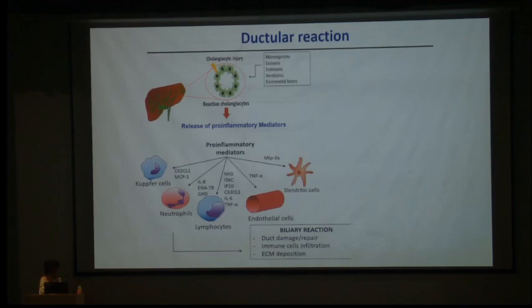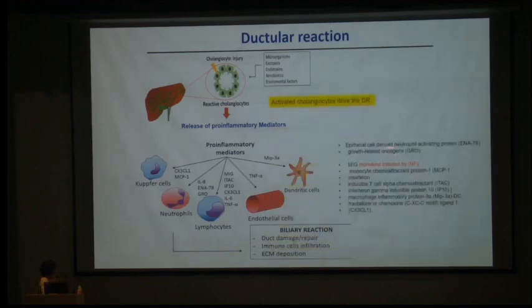Those pro-inflammatory mediators are IL-8 and ENA78, the epithelial cell-derived neutrophil activating protein, and growth-related oncogenes. When these are secreted, they recruit neutrophils.